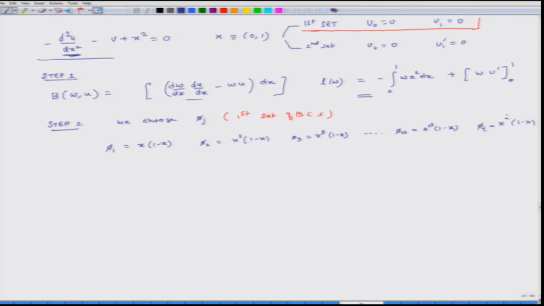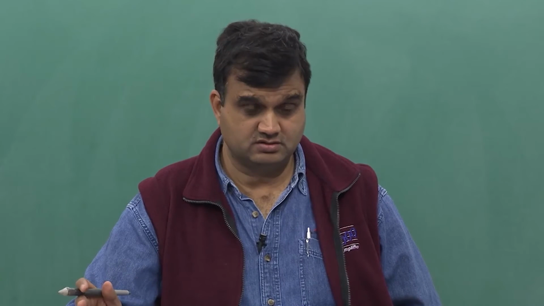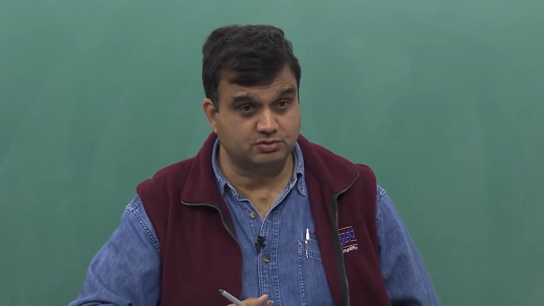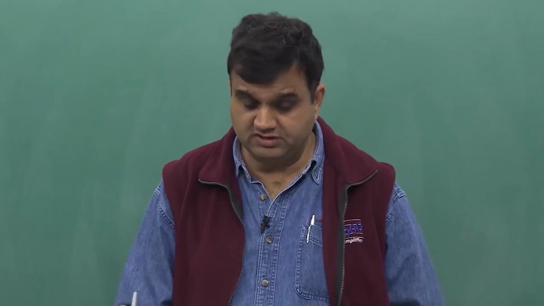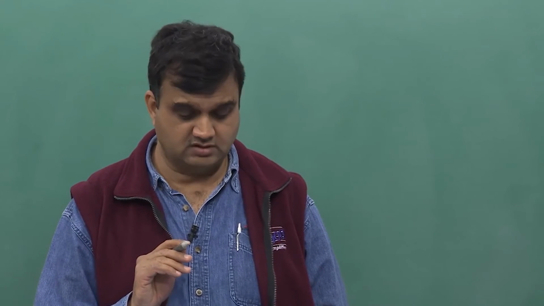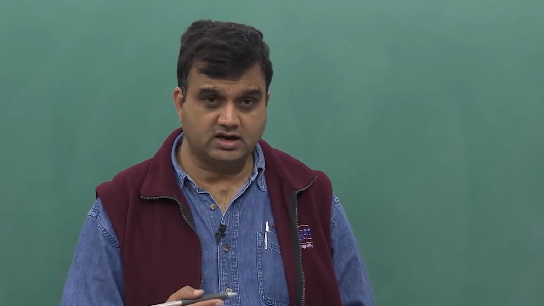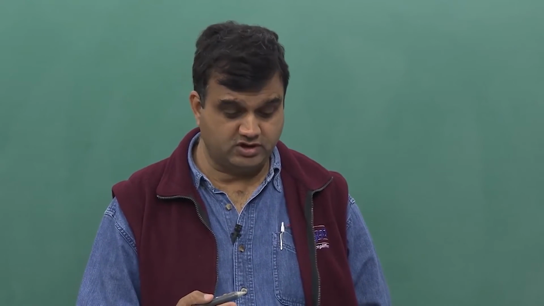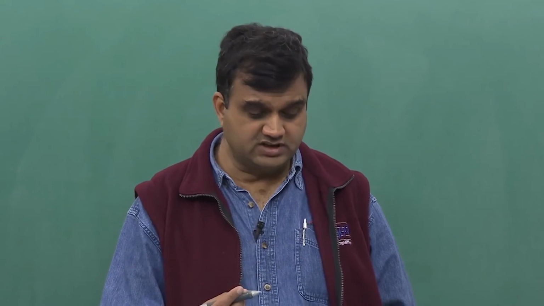One condition we had also mentioned when we were picking up these functions was that none of these functions should be a linear combination of others. So, we have to verify whether this is true in this case or not, and what we see is that I cannot express any of these functions in terms of other functions. So, that condition is satisfied. A third condition which I had not mentioned earlier was that this should be a complete set. What does that mean?